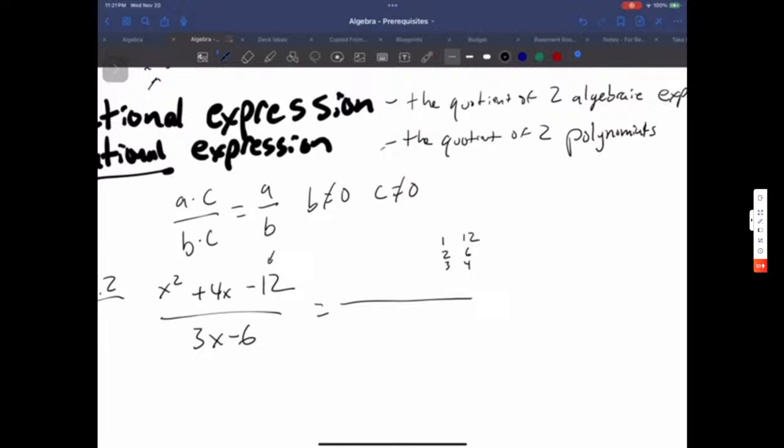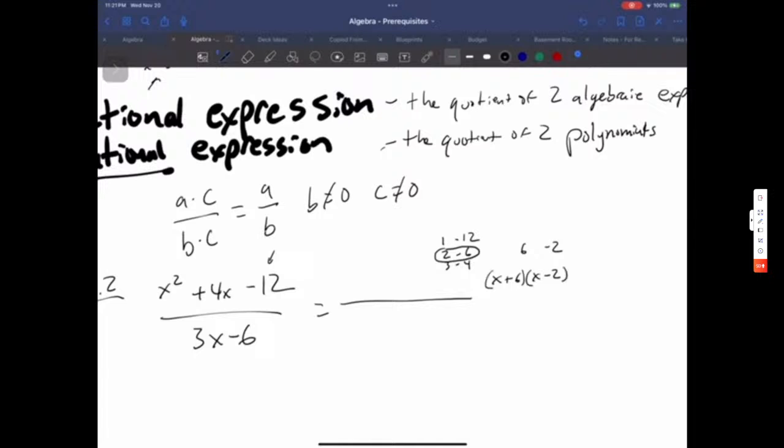And I notice that it's negative, so one of these has to be negative. It can be that side or it can be the other side. This pair in particular stands out to me. Why? Because minus 6 plus 2 is 4. So if I switch the negative over to the 2, and I look at 6 and negative 2 as the factors, I have x plus 6 and x minus 2.